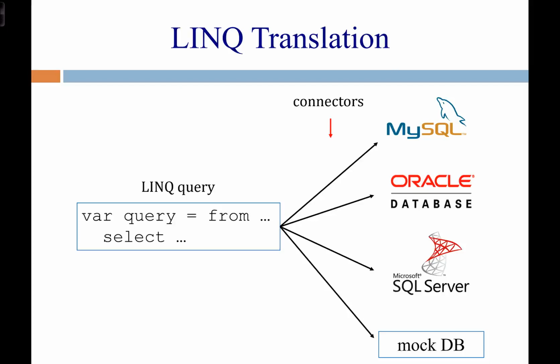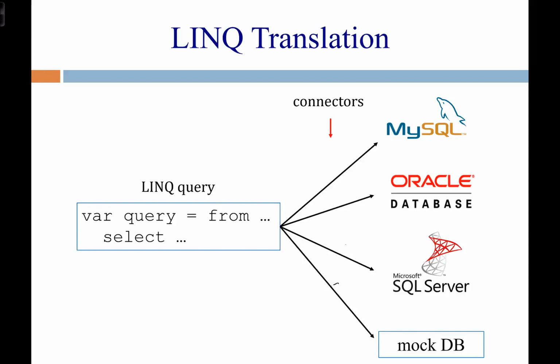And as part of what you get out of a scaffolder, you get something called a connector. So when we run the scaffolder on our MySQL database, it gives us all the tables, and it also gives us a connection string saying, here's the server, here's my username, and so on. Here's the database I want to use. And that connector is what tells the system how to translate a LINQ query into an actual database query. So there are connectors to SQL Server, there are connectors to Oracle database, and they take the same LINQ query and just compile or translate it into a different actual database query.